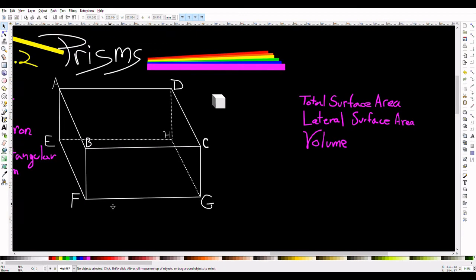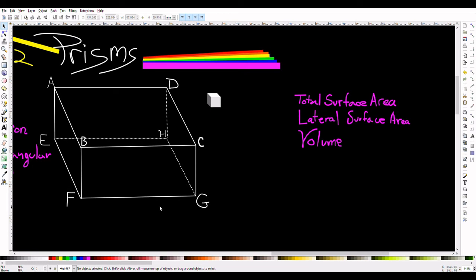We have three more vocabulary terms. Total surface area. That is the area of all of the polygons which make up our polyhedron. The lateral surface area is the surface area of just the sides, exempting the bases. So lateral is a Latin word which means side.